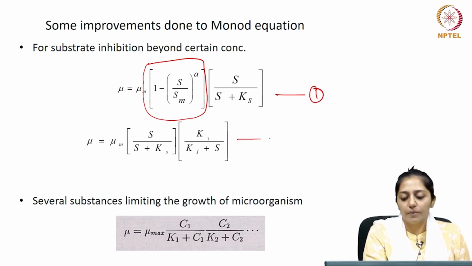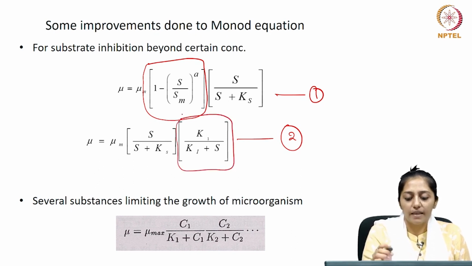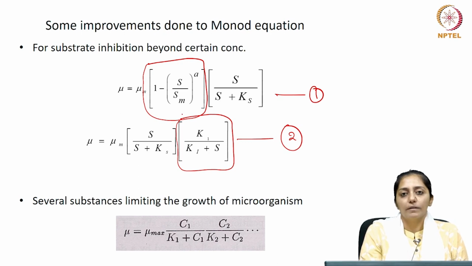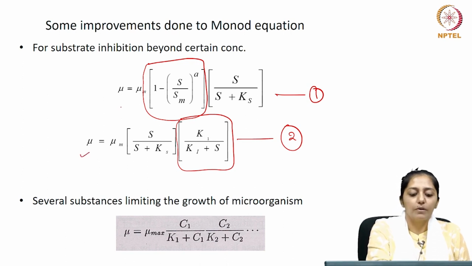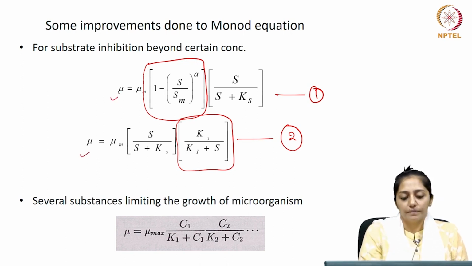If you see the second equation, the second term in the second equation is depicting the substrate inhibition effect on the specific growth rate of the culture.